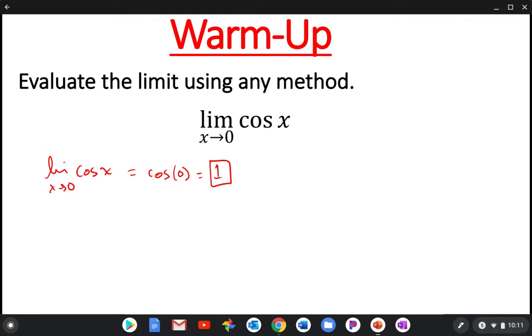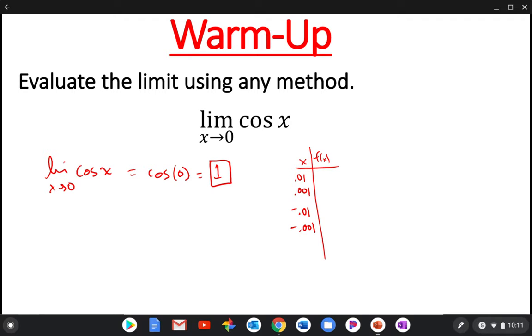Another way would be, well, you could plug values into a table. You could plug in, let's say, 0.01, 0.001. You could plug in negative 0.01, negative 0.001. See what those are approaching.